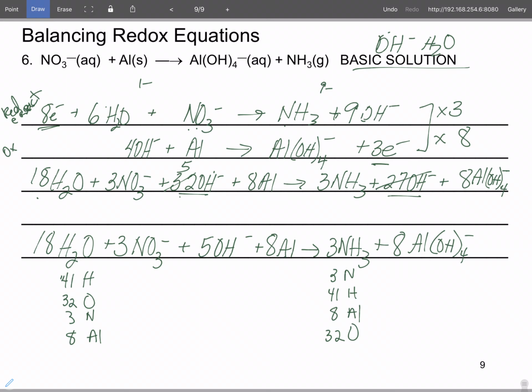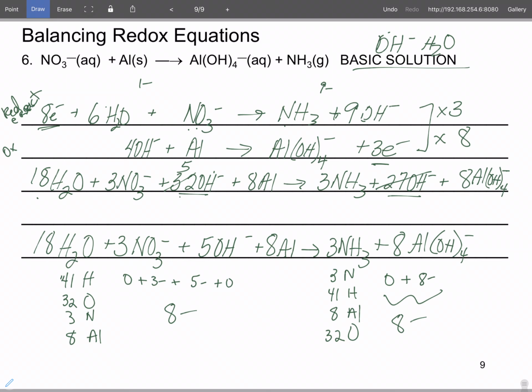I have a total charge on this side of 0 plus 3 minus plus 5 minus plus 0. So that would be 8 minus on this side. Over here I have 0 plus 8 minus, which is 8 minus. So I am mass and charge balanced. So therefore I have balanced this redox reaction.